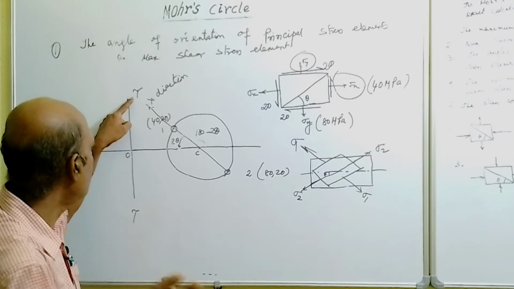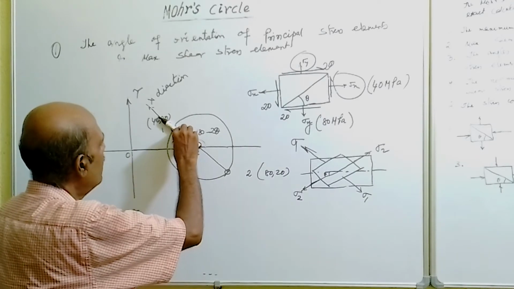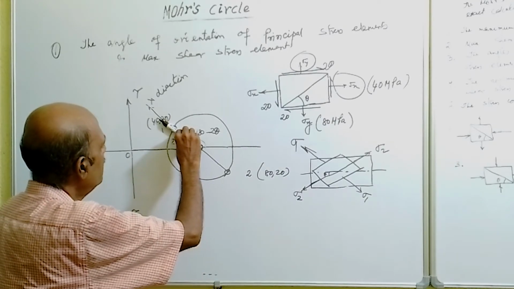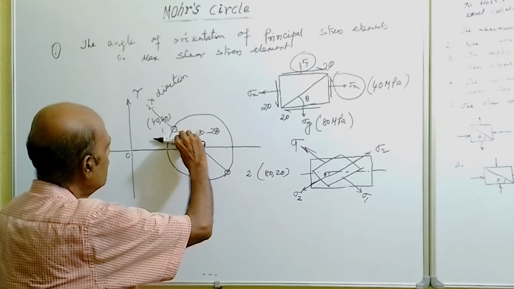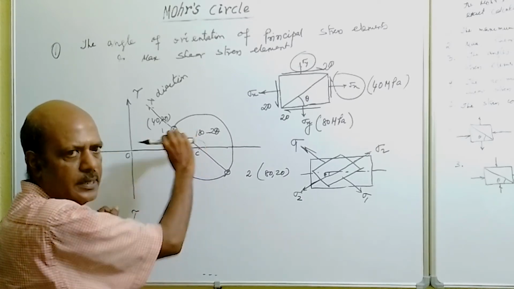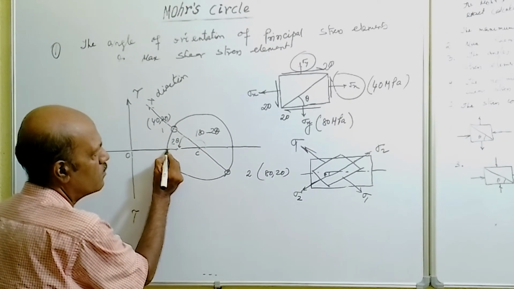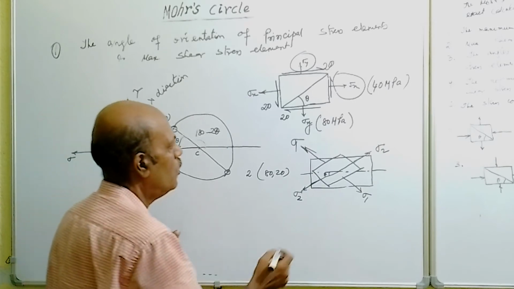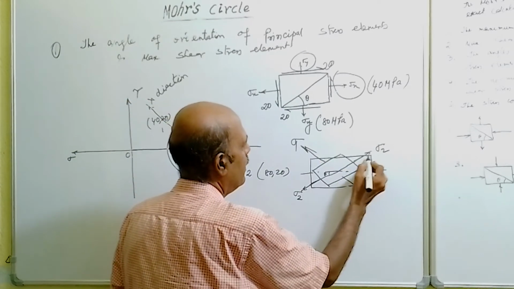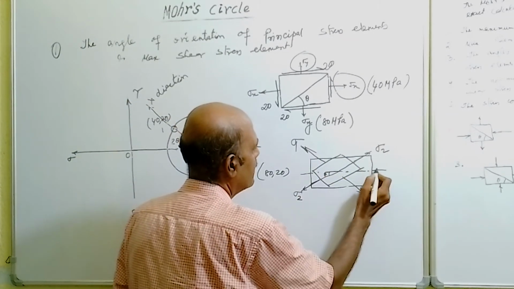Clear? Now from this circle, it is saying that if we rotate the x axis by 2 theta angle in the anticlockwise sense, we will get the minor principal plane. So here this was the axis, and this is also the x axis.